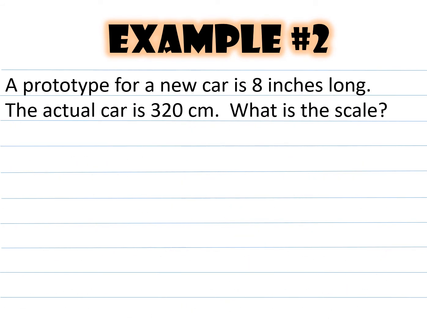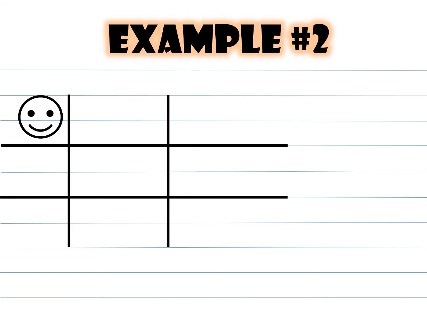Example number 2. A prototype for a new car is 8 inches long. The actual car is 320 centimeters. What is the scale? 1 inch is worth how many centimeters? Well, let's make a tic-tac-toe board for example number 2.